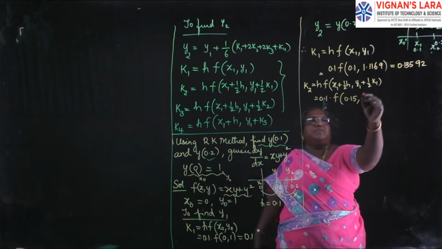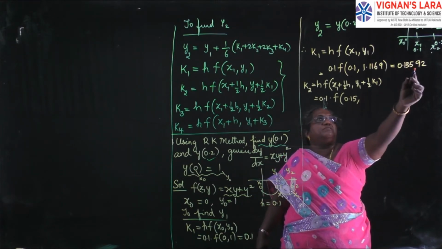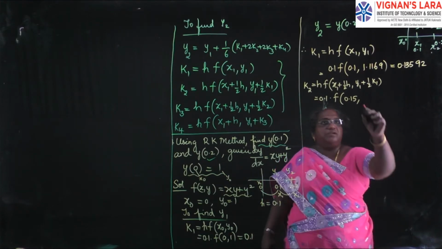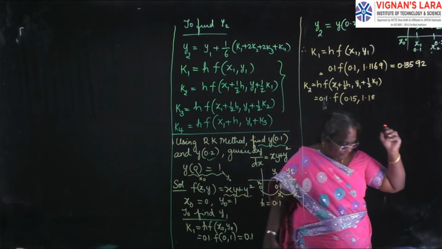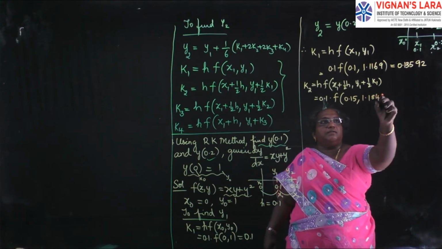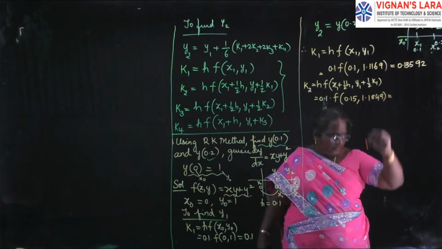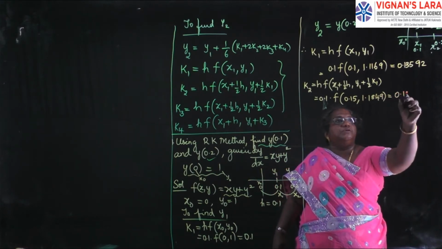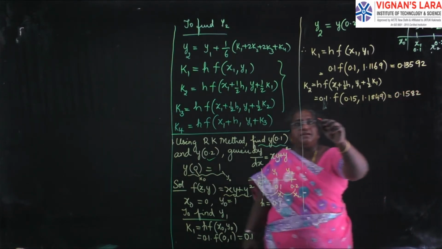And similarly y1 plus half k1: divide this with 2 and add it to y1, 1.1169. So it will be 1.1849. So if you evaluate, this value will be 0.1582. So using calc you can evaluate.